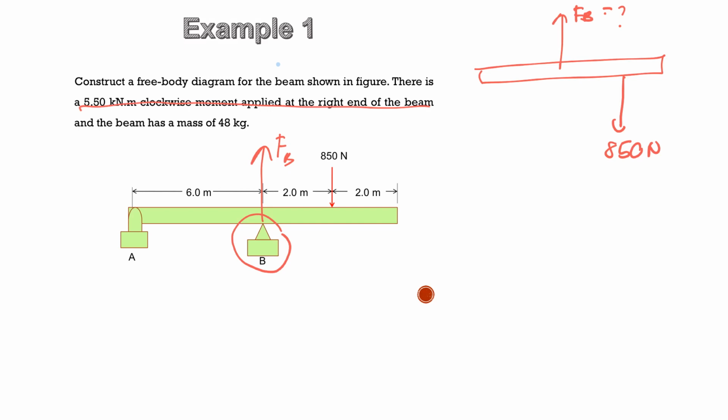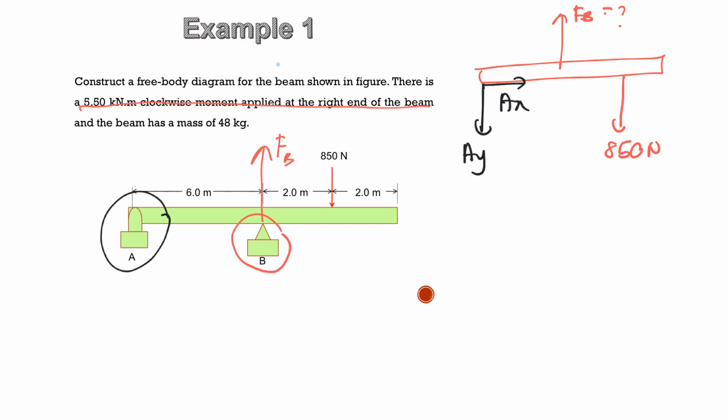Then we find the hinge. Like I mentioned before, you need to assume the directions of the forces at the hinge. So now I'm going to assume the direction of the forces at the hinge to be maybe downward, so I put it as Ay, and maybe to the right. I don't know the answer yet. My positive and negative are going to be decided after I do my calculations.